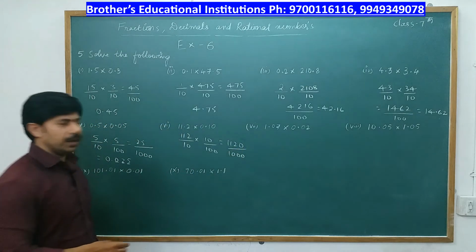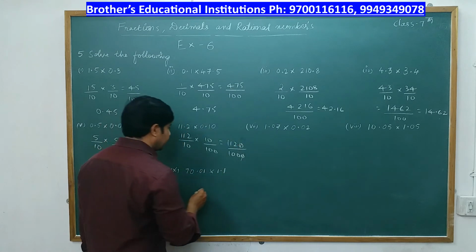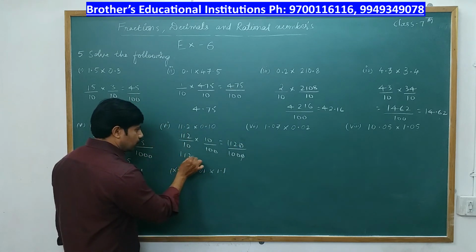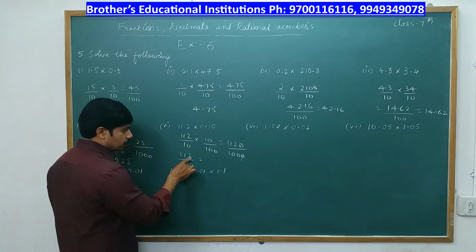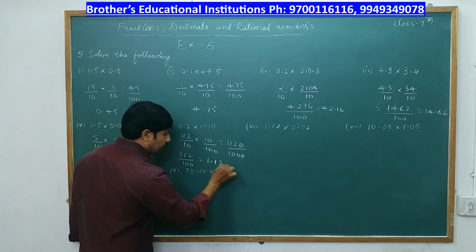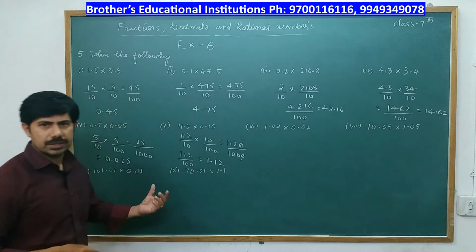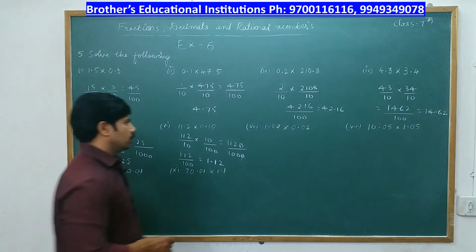So now what I do is, I'll just cancel these two. We get 112 by 100. So for 100 we have 2 zeros, so after 2 digits we put the decimal. So we get 1.12.